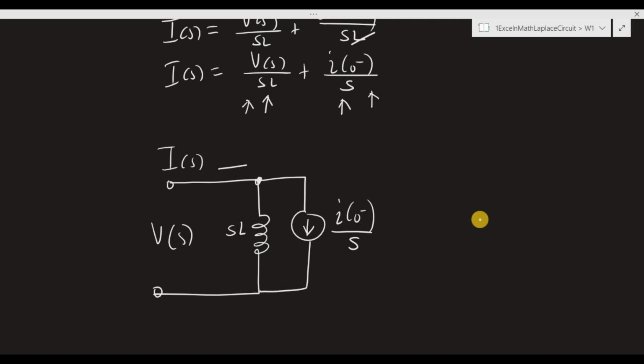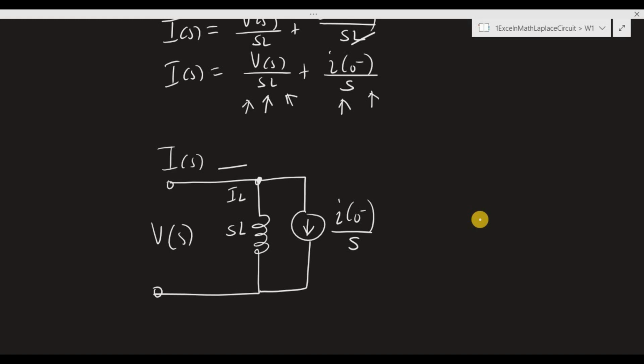As we can see, the inductor is parallel to the voltage source V of S. So the current flowing through the inductor is V of S, the voltage across the inductor, divided by the impedance of the inductor, SL.